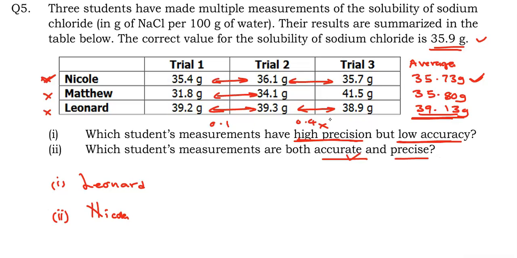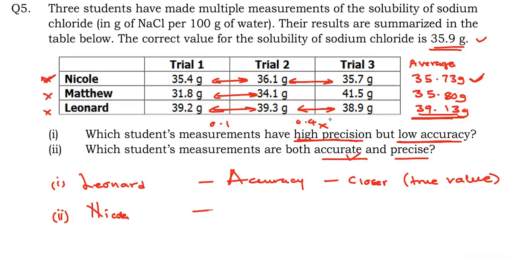So this is how simple it is, guys, to handle this kind of question. The thing you need to remember, because you may be asked: when they say something is accurate, it must be closer to the true value. The true value you're always going to be given.